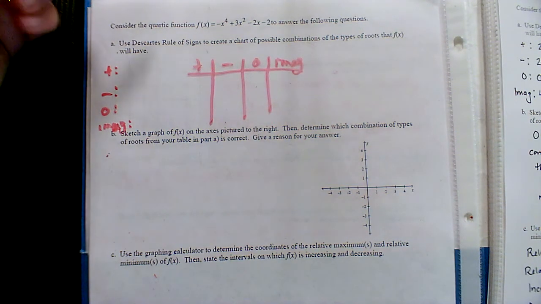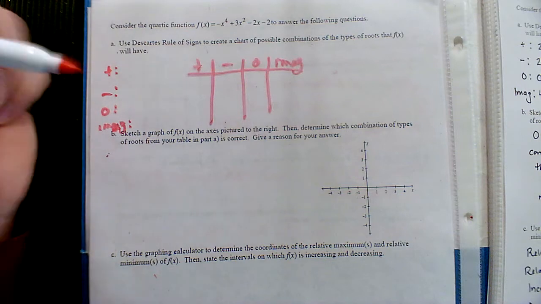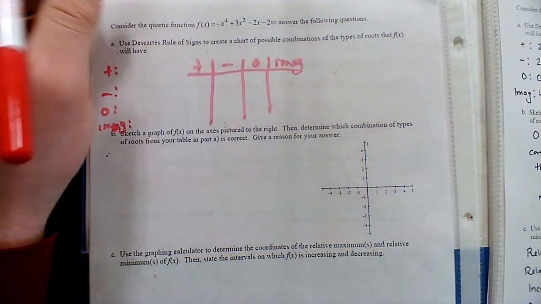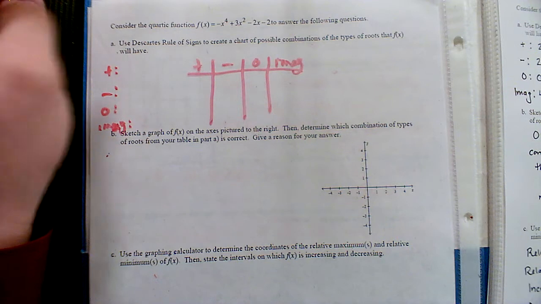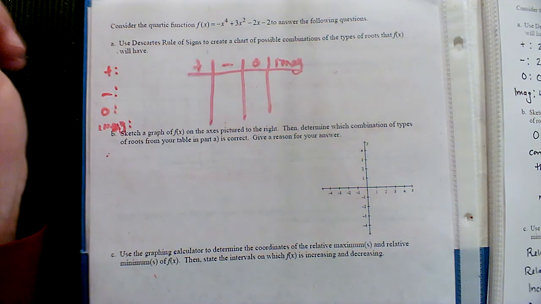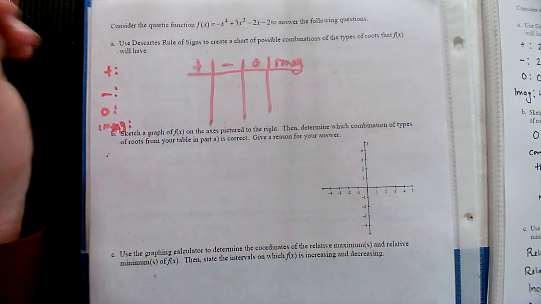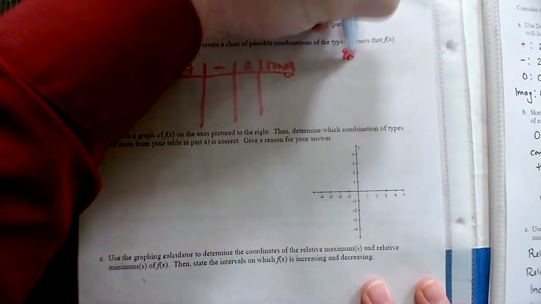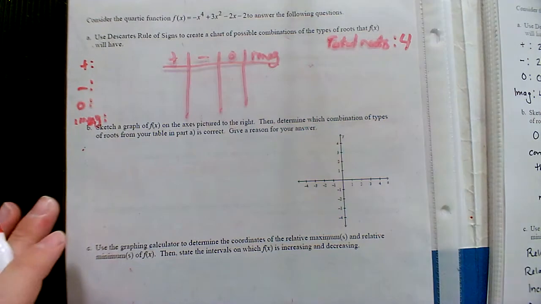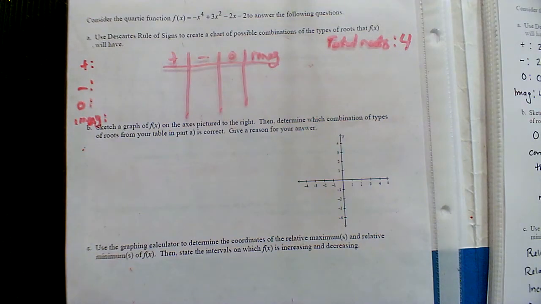Alright, so how do we use Descartes' rule of signs to actually fill in this table? Or who can help me fill in the table? And I guess a good thing to figure out before we start is how many roots should we have? Total roots should be 4. So just make a note of that somewhere, that way you're aware of it. You should have 4 roots.